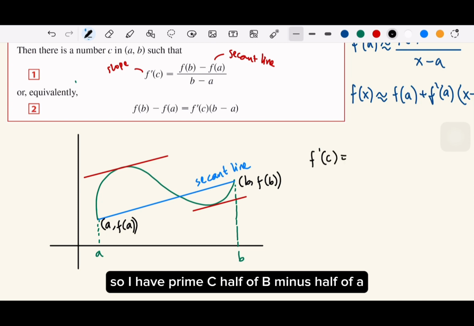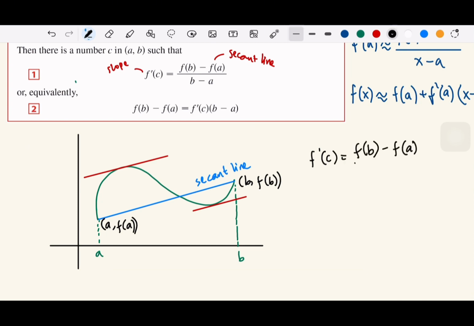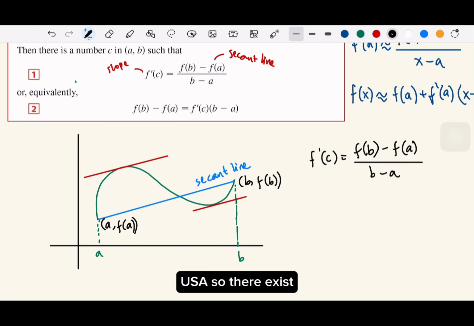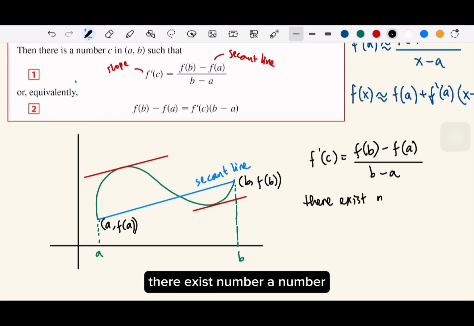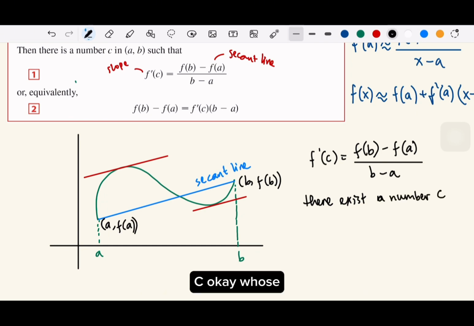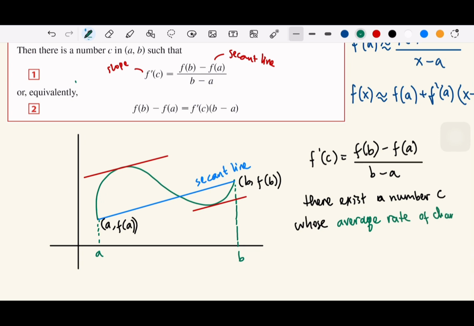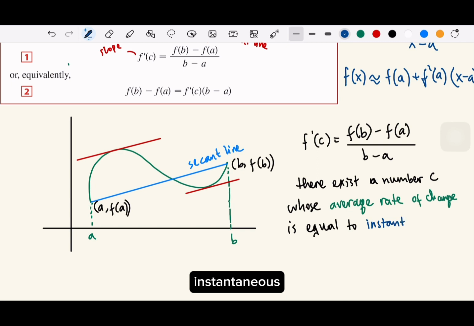So f prime of C equals f of B minus f of A over B minus A. So there exists a number C whose average rate of change is equal to the instantaneous rate of change.